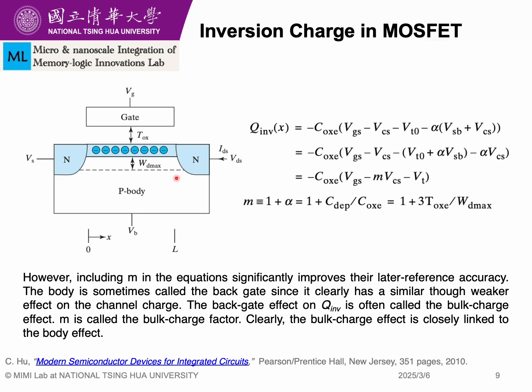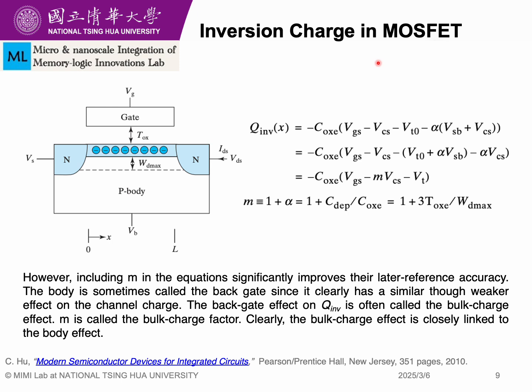To accurately model this, we have to replace VGS with a function of x, or VGS minus VCS, and then our whole equation for Q inversion becomes like this, which is COX multiplied by VGS minus channel voltage, and then our body effect parameters along with the channel voltage.